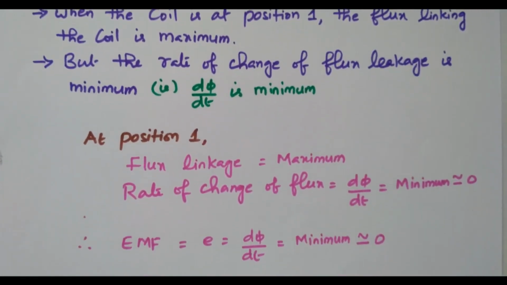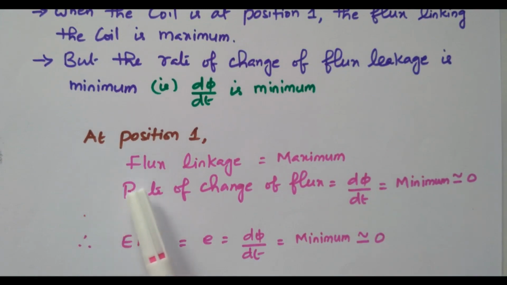So at position 1, the flux linkage is maximum, but the rate of change of flux dφ/dt is minimum. The EMF is purely based on dφ/dt. dφ/dt is minimum, so EMF is also minimum. That is almost 0. At position 1, the EMF induced is 0. Right? Now we will go to the next position.